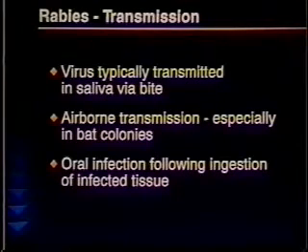The bite of an infected animal, with the virus being present in the saliva, being introduced into the wound, multiplying in the area, and migrating through the nerve canals, the nerve sheaths, toward the brain.